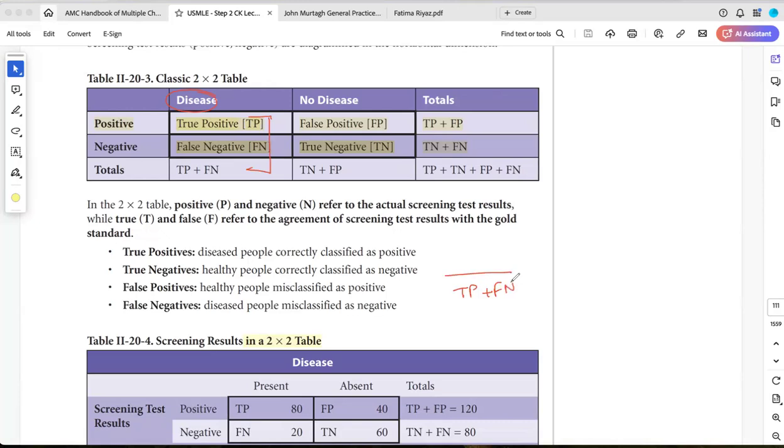So they are the diseased people. And the test was able to find out only this. It missed these people. So sensitivity equals, among the total number of diseased patients, how many people this test was able to say, yes, you have got the disease? Does it make sense? It is a bit tricky, but I hope it makes sense. So that's how we can measure the sensitivity of a test.